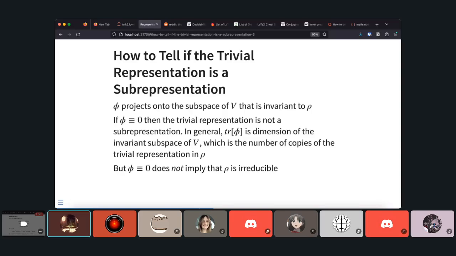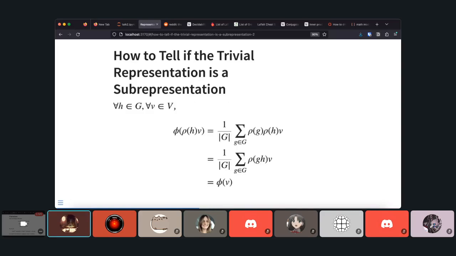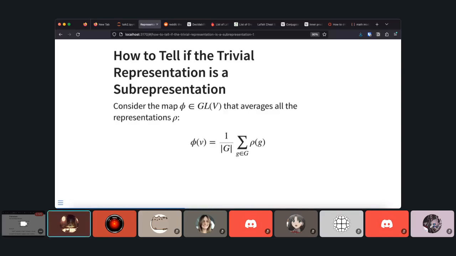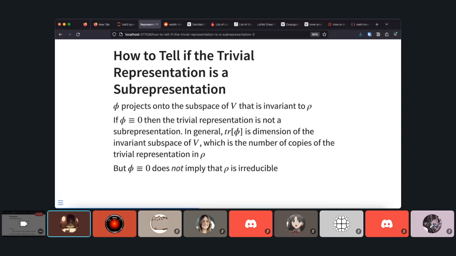You can take this average, and for every irreducible representation, this average is just zero, because the representation acts on the entire vector space. There's no part of it that is just chilling, not doing anything.